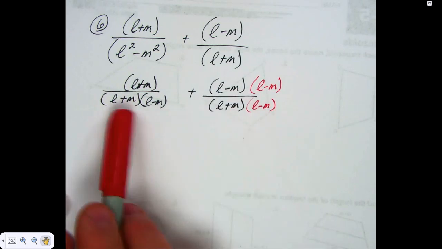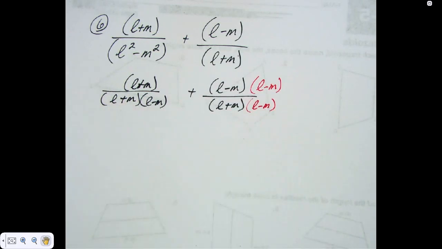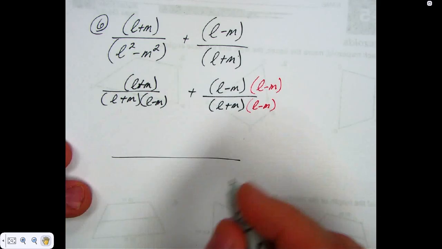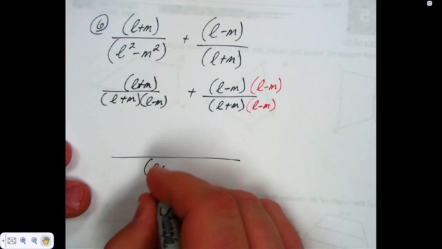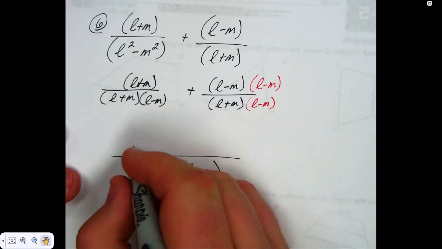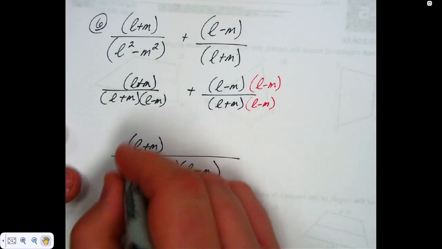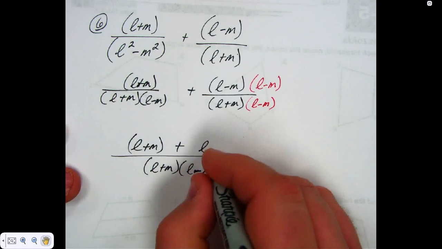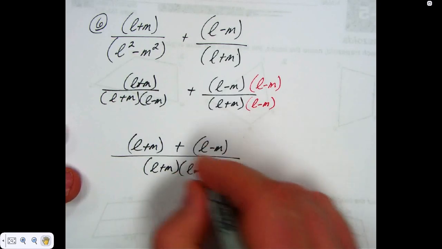So we can make this into one big fraction where it's L squared minus m squared on the bottom. What is now on top? L plus m quantity plus, well, L minus m times L minus m. Pretty much you're done.